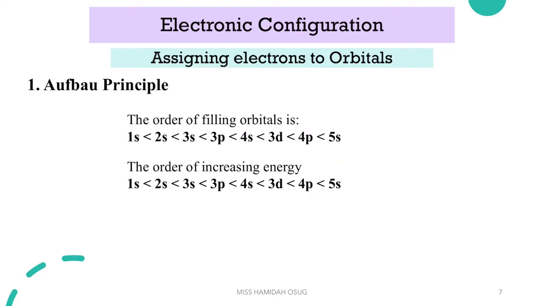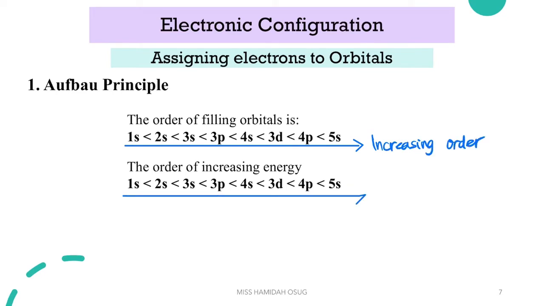So remember, the order of filling orbital is from 1s, 2s, 2p, 3s, 3p, 4s, 3d, 4p and 5s. Because the order of increasing energy is 1s, 2s, 2p, 3s, 3p, 4s, 3d, 4p and 5s.